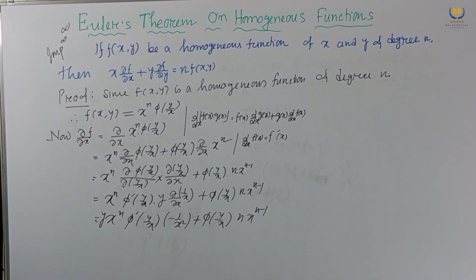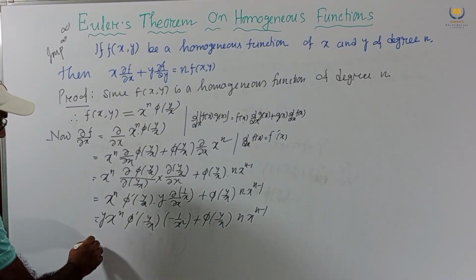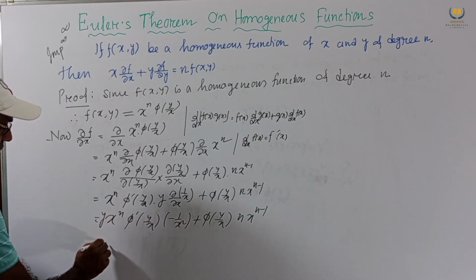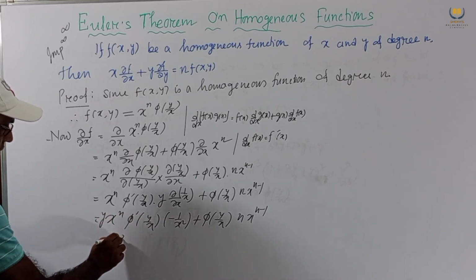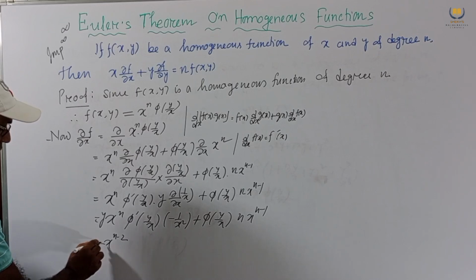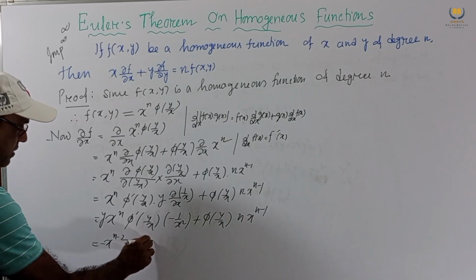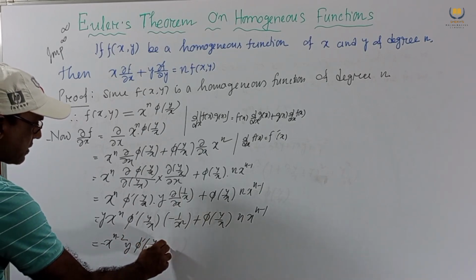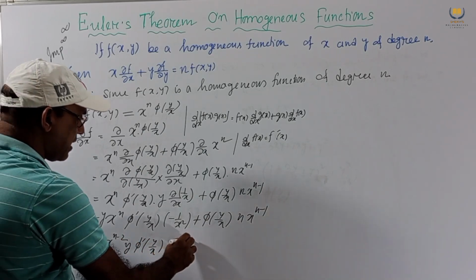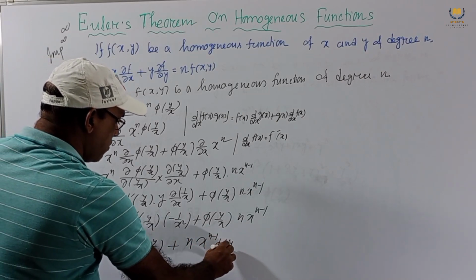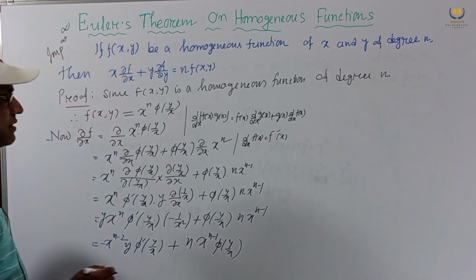So we get x to the power n minus 2, with minus sign, y phi dash y by x plus n x to the power n minus 1 phi y by x.